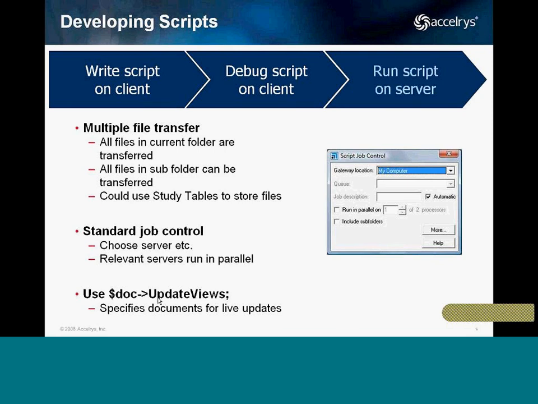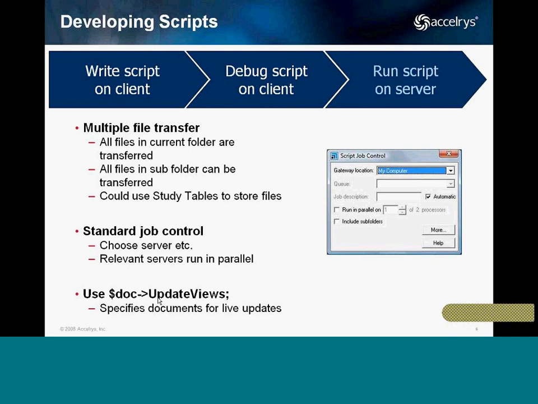You can do the same thing with documents in script. You can pick specific documents, and if you have UpdateViews, these will then be returned from the server to you periodically so you can see how your script is progressing.